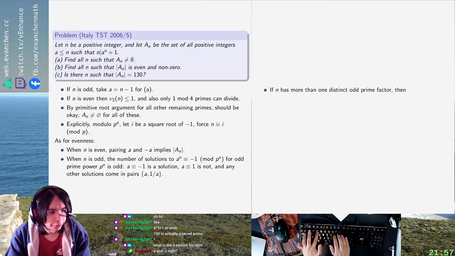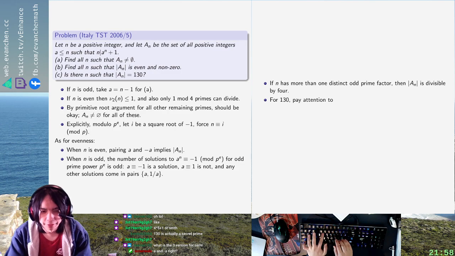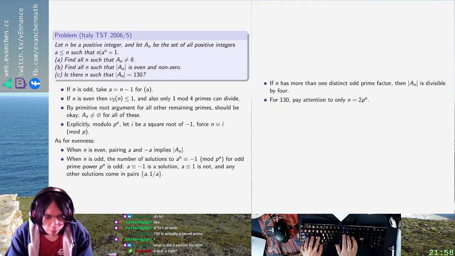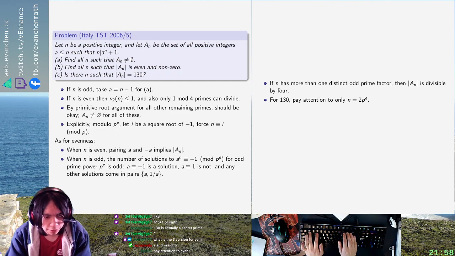So for 130, pay attention to only n equals 2p^e. The number of solutions to this should be pretty easy to compute. We want the number of solutions to a^(2p^e) congruent to minus 1 mod p^e.